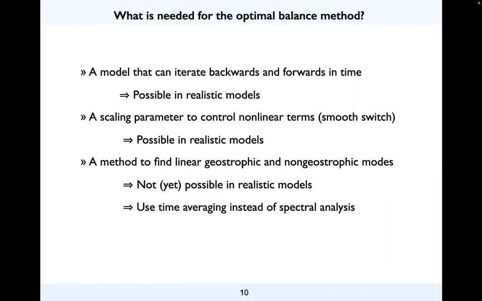And then the last point is a boundary condition. So we need to find the linear geostrophic and non-geostrophic modes. And this is where the problem is, because we need a Fourier transformation, a spectral analysis to find them. And this is what the next part is about, to find a way to do this boundary condition without spectral analysis.